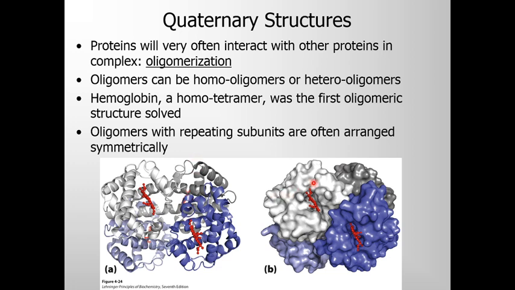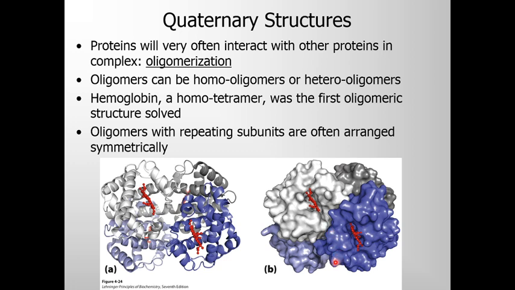Now, in this diagram that is shown here, a ribbon representation of hemoglobin shows several secondary structural elements of the structure and the positioning of all the heme prosthetic groups.